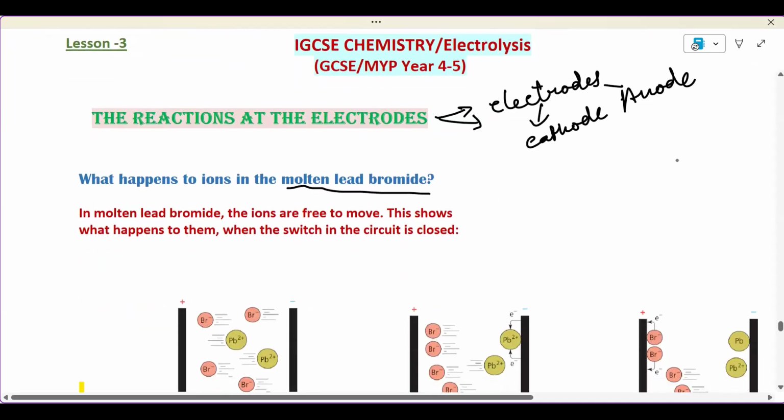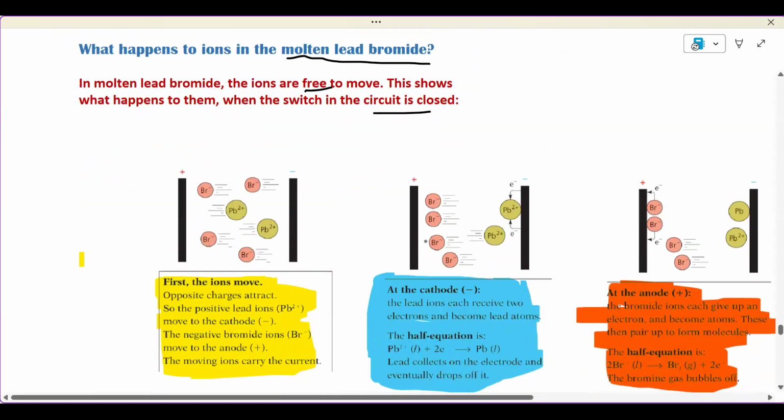What happens to ions in the molten lead bromide? In molten lead bromide, the ions are free to move. This shows what happens to them when the switch in the circuit is closed. See, this is the molten lead bromide.